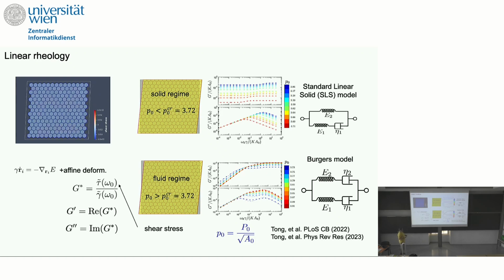Without going into much detail, in the solid phase, you see that the system overall behaves as an SLS, a standard linear solid, so a Maxwell element in parallel with a spring. It's not really surprising because the system is a viscoelastic solid.